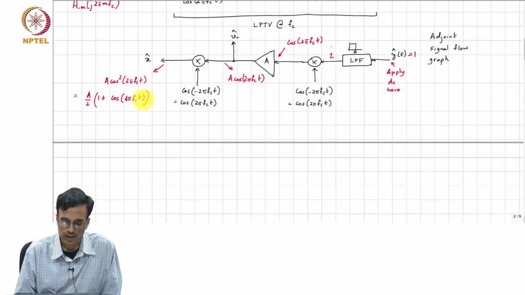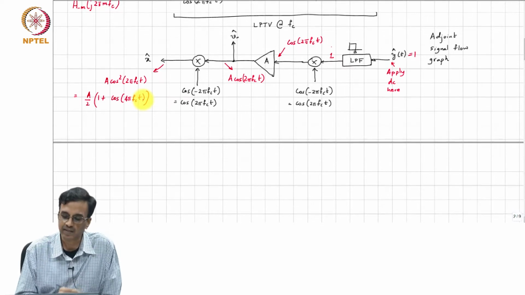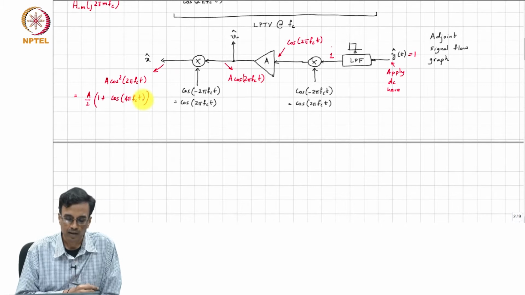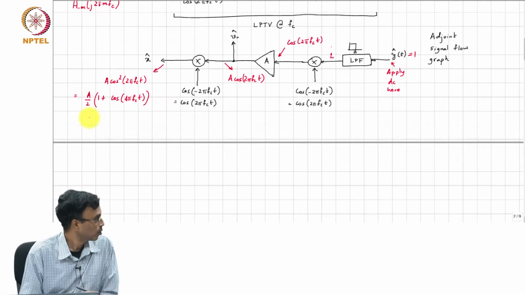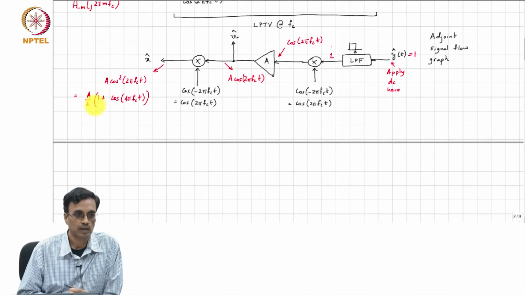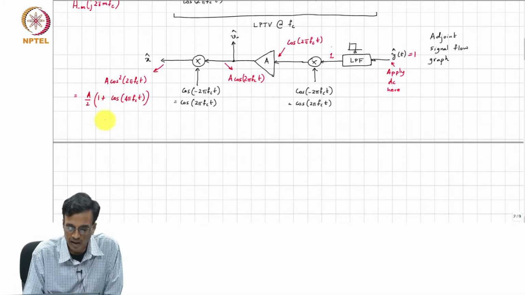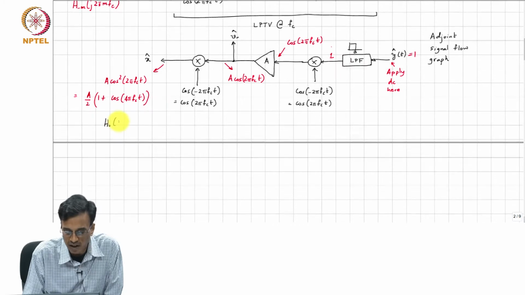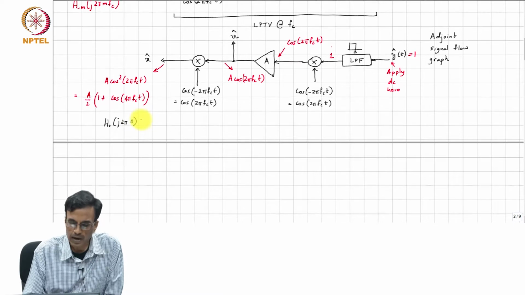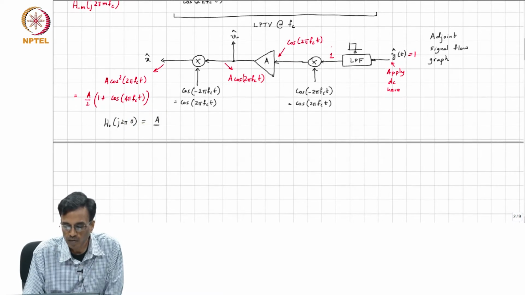All right. So, as far as the transfer function from x to y in the original signal flow graph is concerned, what conclusions can we draw from this analysis? That H0 of j 2 pi 0 will be A by 2. So, we knew this already.